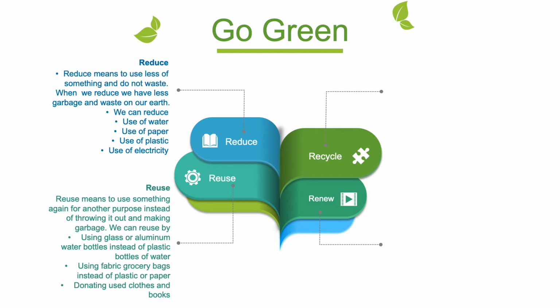For example, we can use glass water bottles or aluminum water bottle instead of using plastic bottles, because plastic bottles don't last long. They get spoiled and we have to throw them away. So instead of using plastic water bottles, switch to glass bottles or aluminum water bottles.